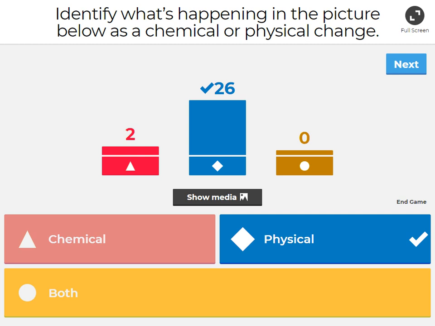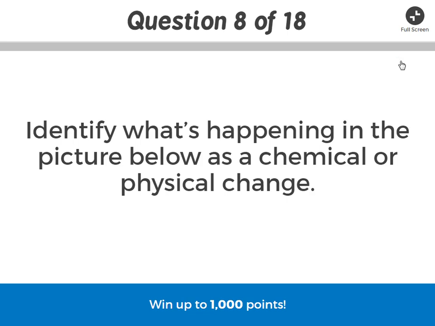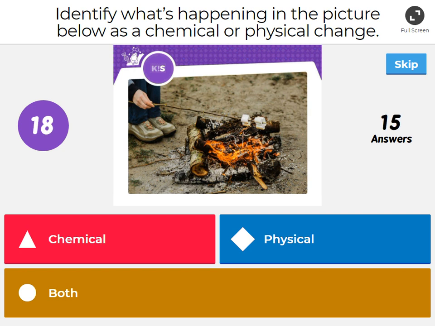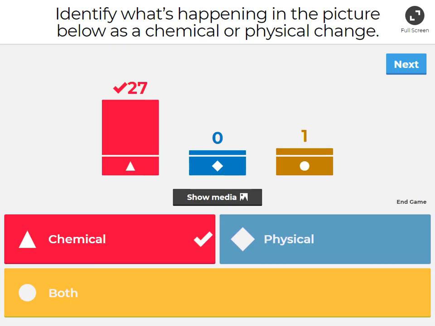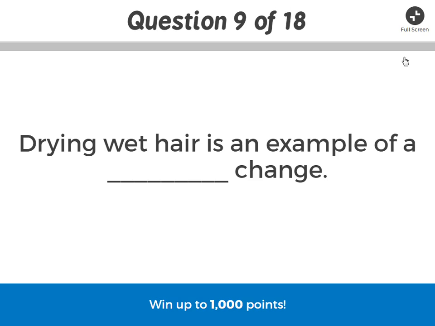Okay, let's do the orange juice. You're going from the solid form of orange to the liquid form of orange. Physical change. All right, identify what's happening in the picture below as a chemical or physical change. It's a marshmallow roasting over a campfire. So the marshmallow roasting and the fire were both examples of chemical changes. So that one was not a both.